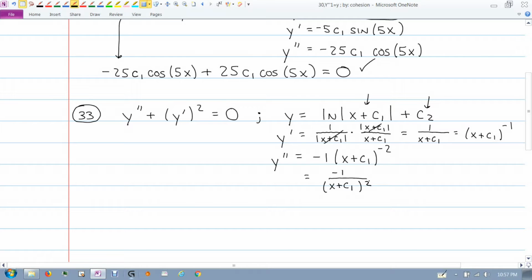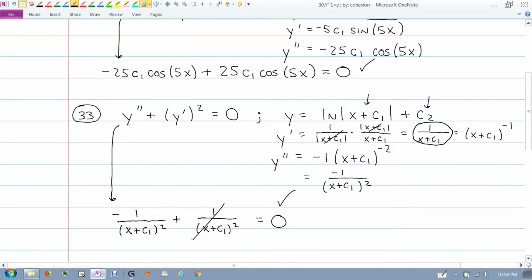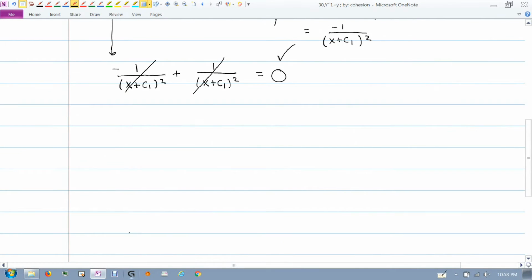Alright, so let's plug this in. y double prime is negative 1 over x plus c sub 1 squared plus y prime squared. So y prime is here. When we square it, we square the top and bottom. So we square the top, we get 1, and we square the bottom, we get x plus c sub 1 squared. And of course, if we add these together, those are exactly the same quantities. So again, we will get 0 when they cancel out. So that was not too bad.